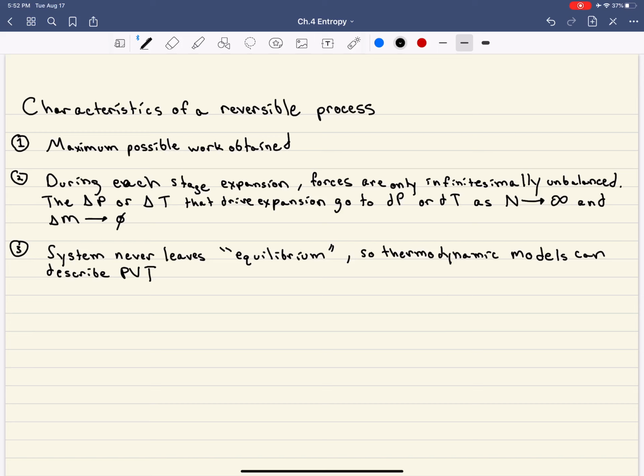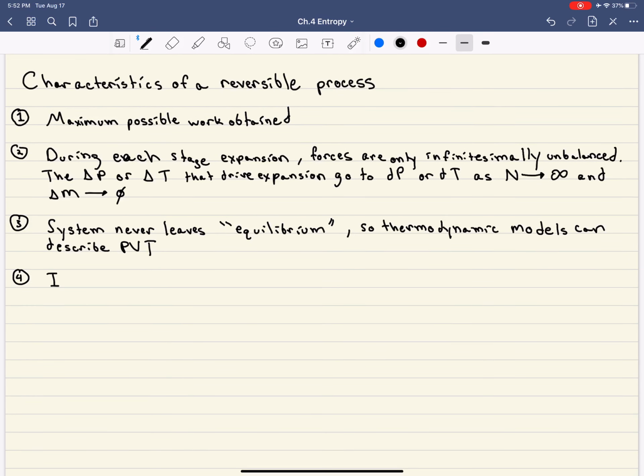But I do want to point out, while it's obviously a good idea if we can max out the amount of work we obtain from a process, this whole idea is kind of just a hypothetical thing. And so the reversible process is just an idealized mathematical limit. And in order to perform a reversible process and extract that maximum amount of work, it's going to take an infinite amount of time to do that.